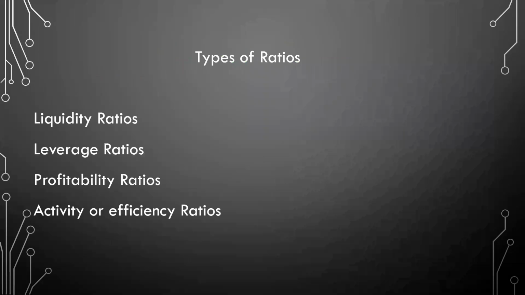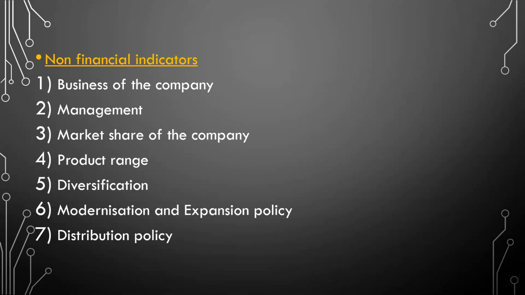Now, in ratio analysis, there are different types of ratios such as liquidity ratio, leverage ratio, profitability ratio, activity or efficiency ratio. All these types of ratios will help you to study the financial position or the financial performance of the company. So these need to be taken into consideration as part of company analysis.